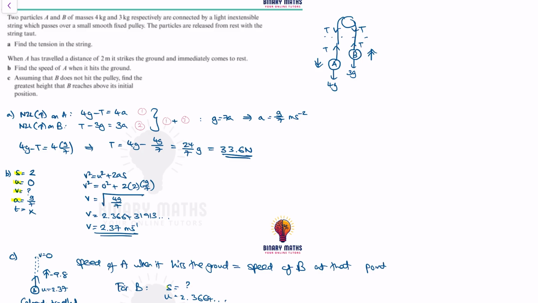So V squared is equal to U squared plus 2AS. 0 squared is equal to 2.3664 squared, plus 2 times minus 9.8 times S. If I rearrange it, S will be equal to negative 2.3664 squared over 2 times minus 9.8, which gives me a value of 2/7 meters.